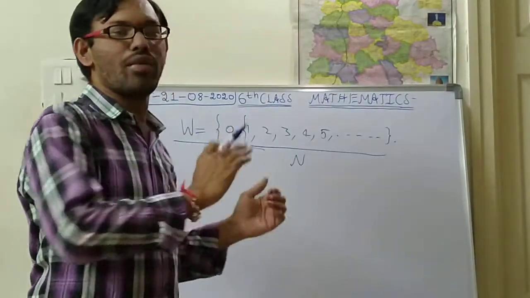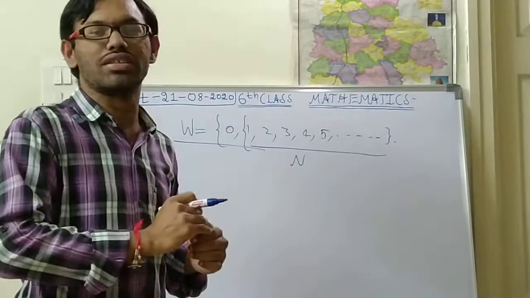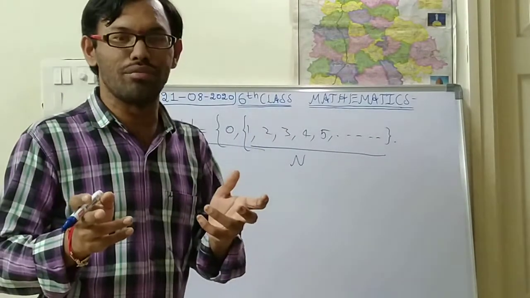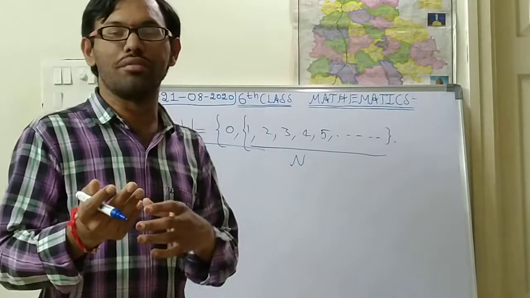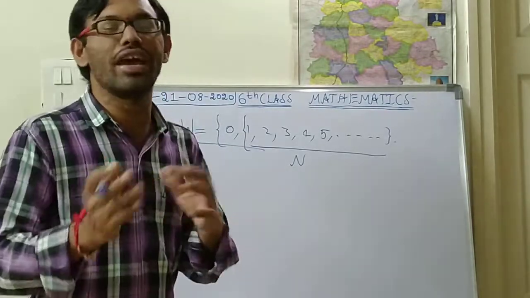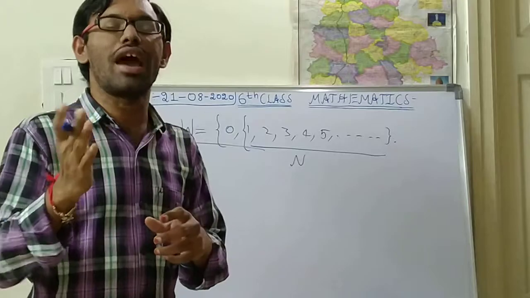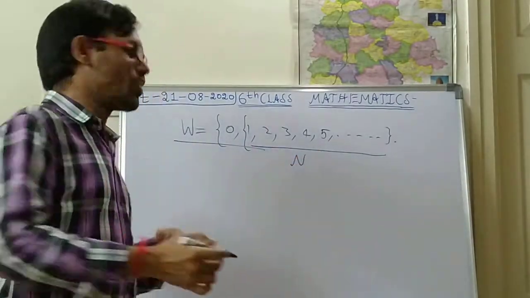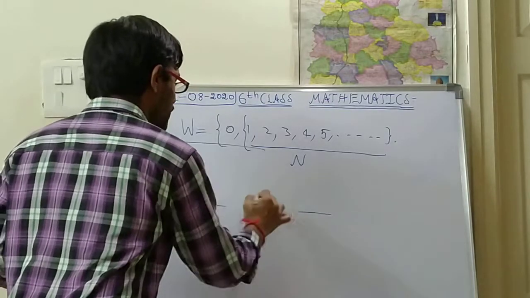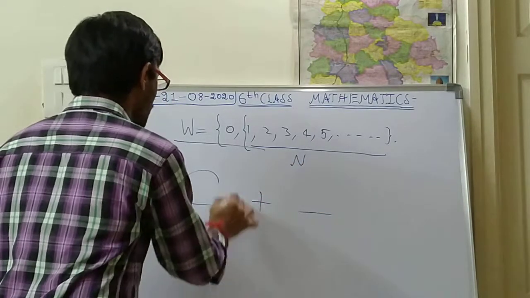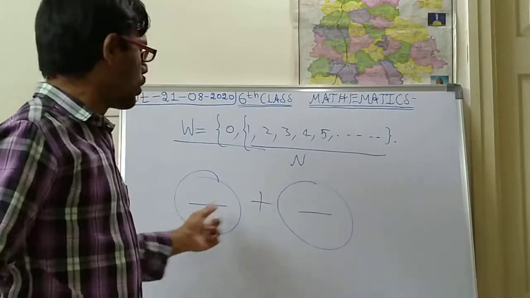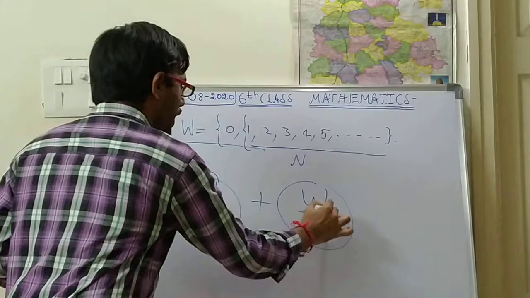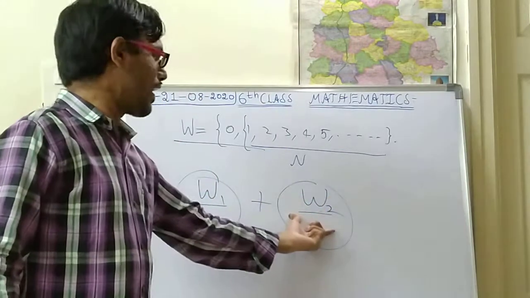So what type of properties are there in whole numbers? Properties here mean: if we add any two whole numbers, or subtract any two whole numbers, or multiply any two whole numbers, what will happen to those numbers? Suppose we want to add two numbers, there should be two whole numbers, W1 and W2, one whole number and another whole number.